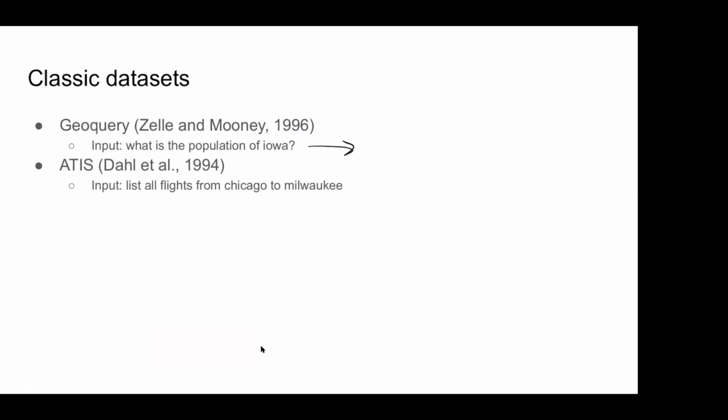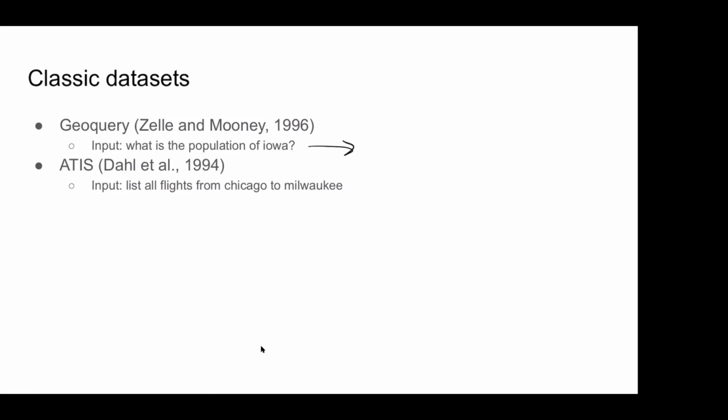And ATIS is about queries like list all flights from Chicago to Milwaukee, and you basically have a database of the flights, and then of course you output the list. If you output the correct list, then you get the question right.